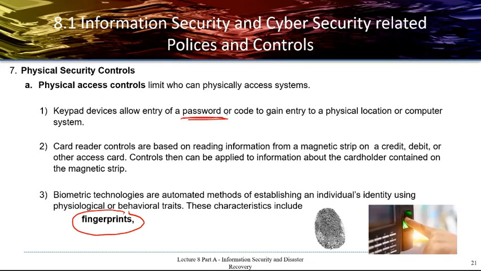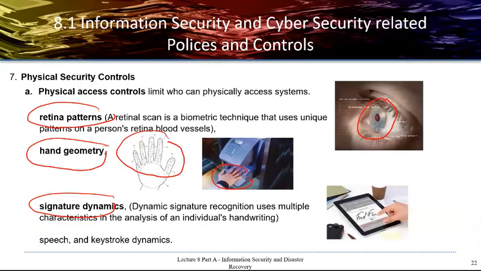The second method is, instead of putting a password, you have a magnetic strip, which is used by the credit card and debit card heavily. The third method is biometrics. Biometrics has multiple variations: fingerprint, retina patterns, hand geometry, signature dynamics.